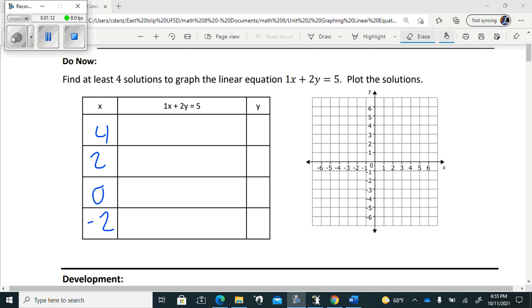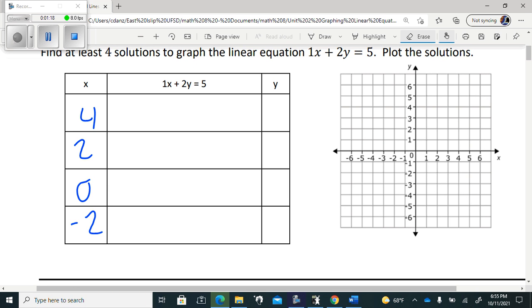So I am going to do one now with you. Warning, we are going to get some decimals here. So we will substitute in these numbers. I chose 4, 2, 0, and -2.